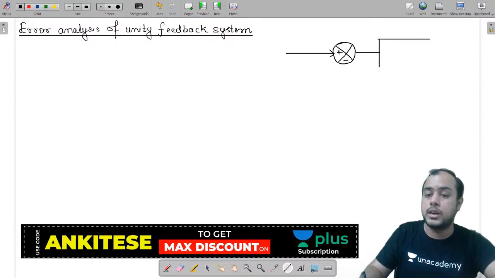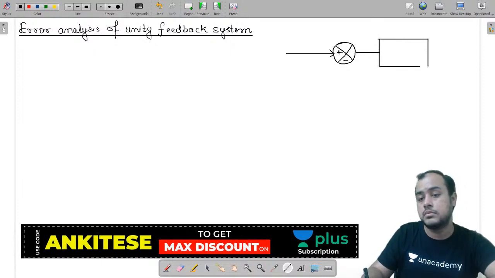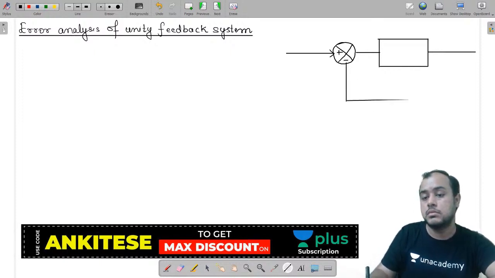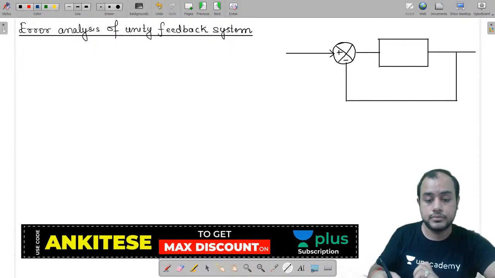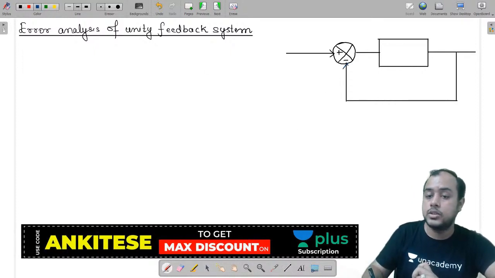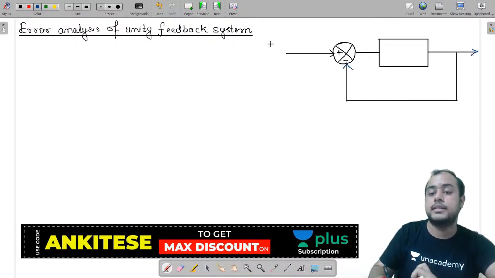This is the forward path system. And this is your feedback, correct?